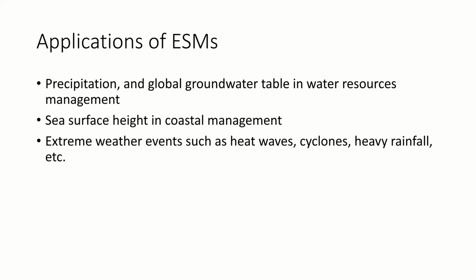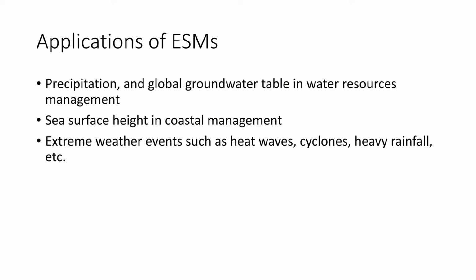Earth system models are also used to simulate the global groundwater table, which has implications for global groundwater sustainability. Sea surface height is important in coastal management and coastal engineering to see the impact of climate change on sea surface rise and similar topics.